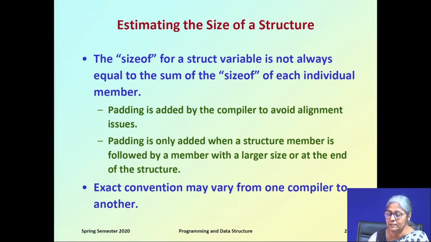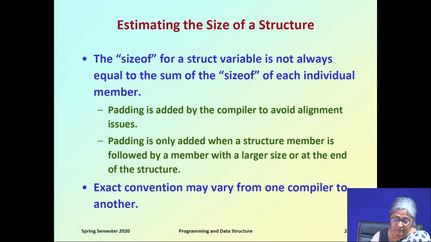Padding is only added when a structure member is followed by a member with a larger size or at the end of the structure. The second point is very important, because it actually tells the ordering of declaration. That means, if the second member requires more bytes, so that it is larger in size, then only the padding is done, otherwise not.